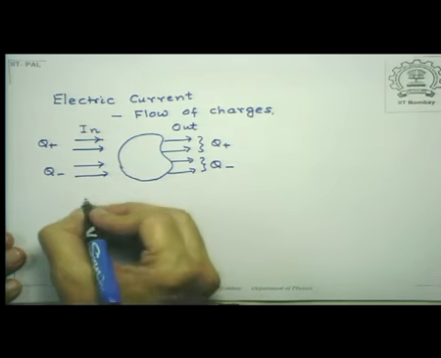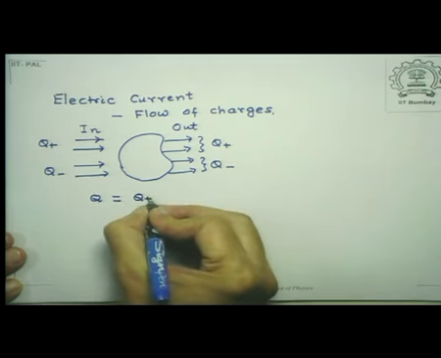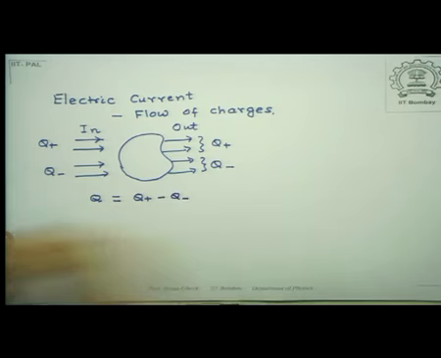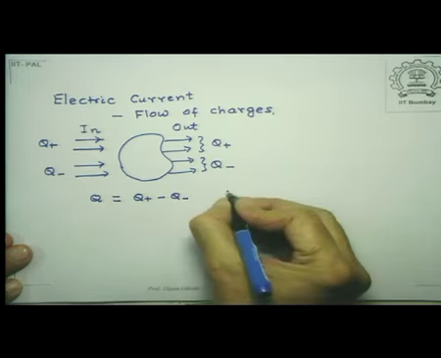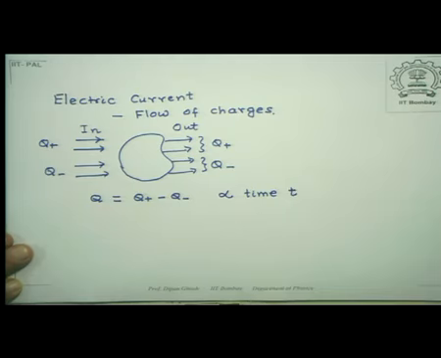Now, so the net amount of charge Q which is flowing in is Q plus minus Q minus. Now, supposing these charges were steadily flowing through that surface, then the amount of charge going through that surface would be proportional to the time t during which we make our observation.